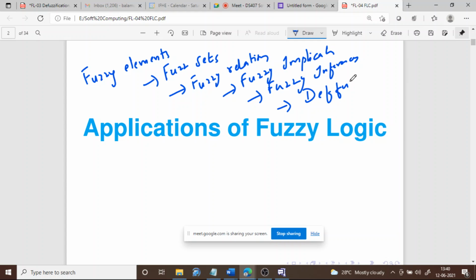So these are nothing but the building blocks of a fuzzy system. All these things we have discussed, right? Now we will be moving on to the next topic, which is applications of fuzzy logic.